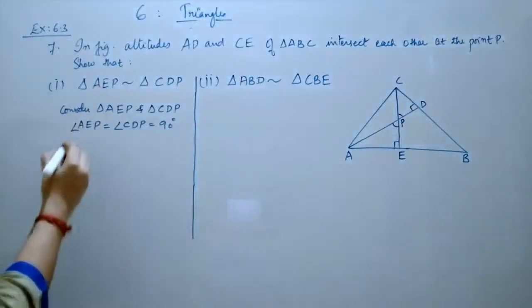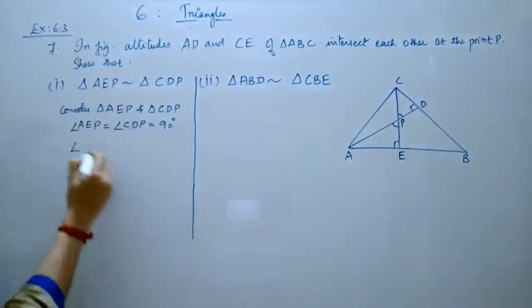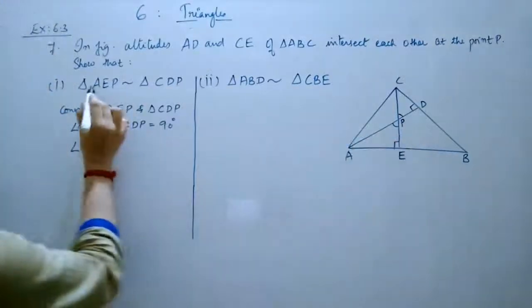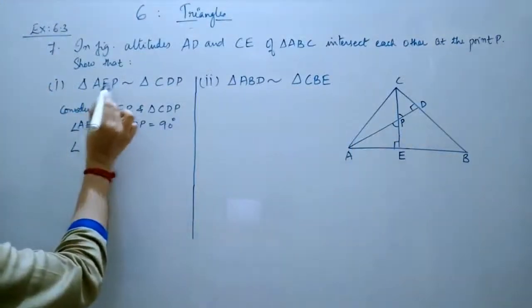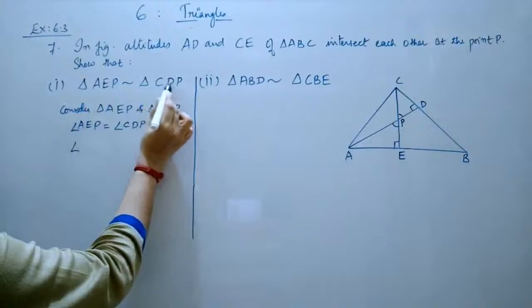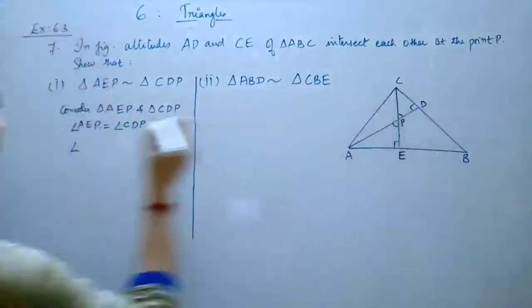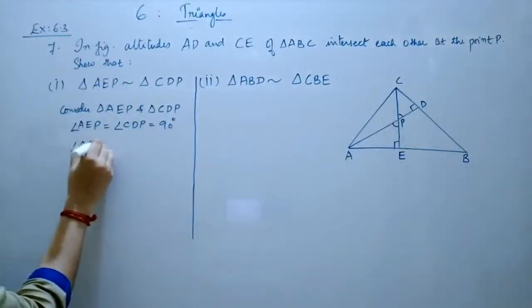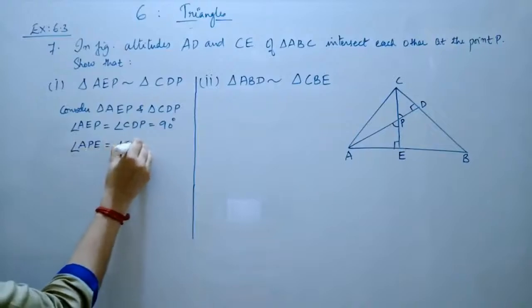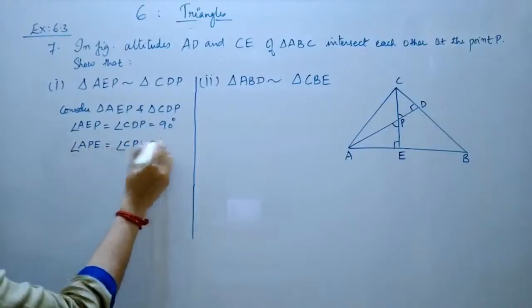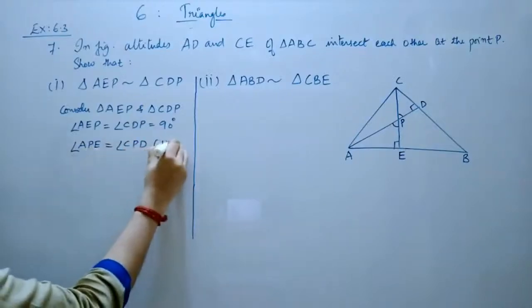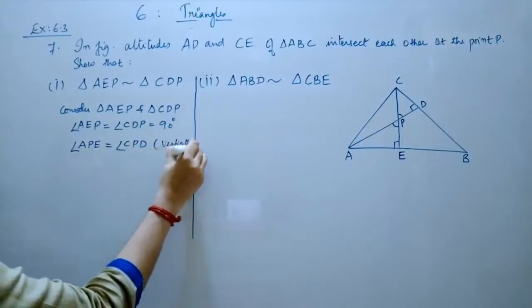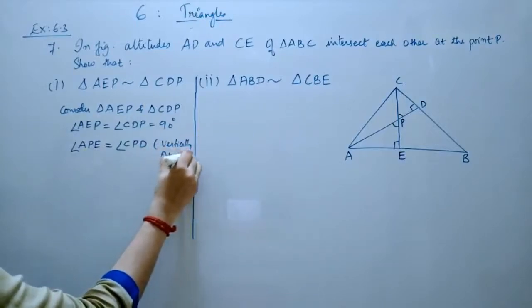For that we will get one more angle to be equal, which is angle APE equal to angle CPD. Okay, angle APE equal to angle CPD. Clear? Reason is vertically opposite angles.